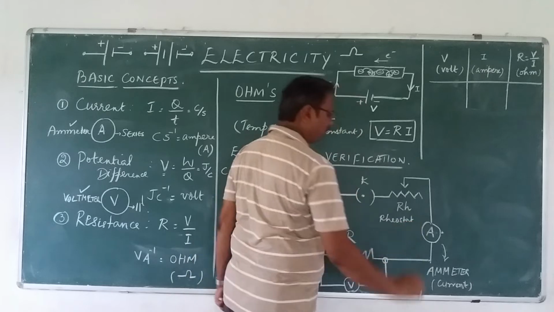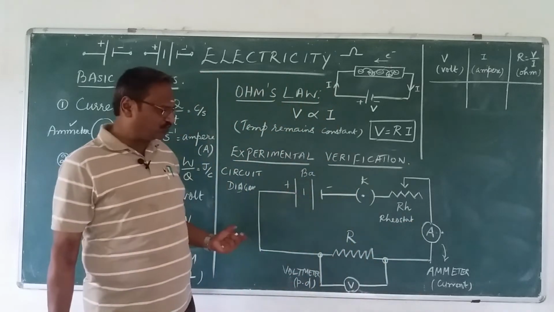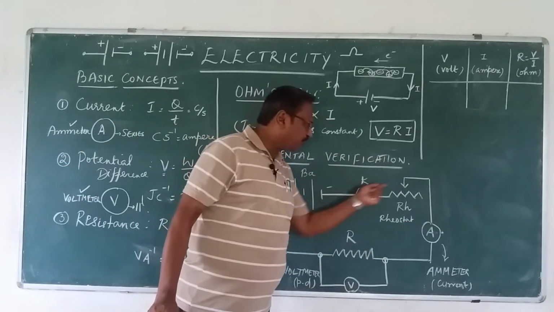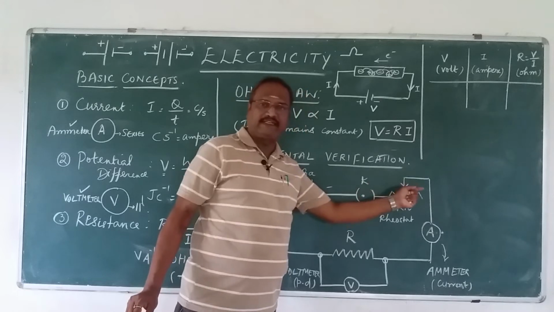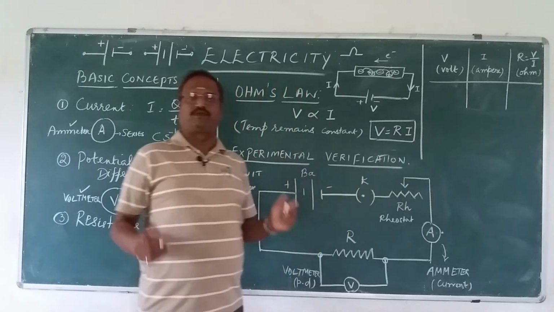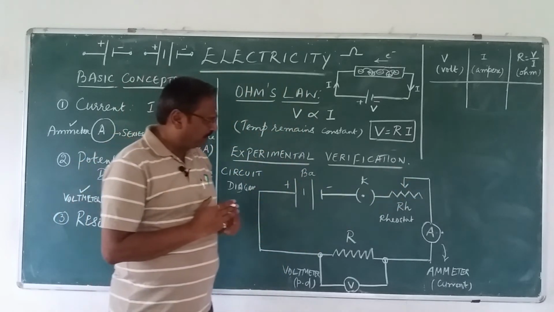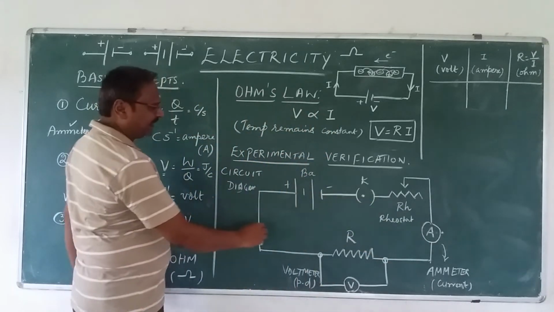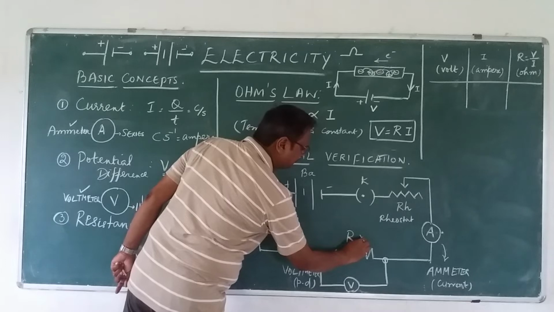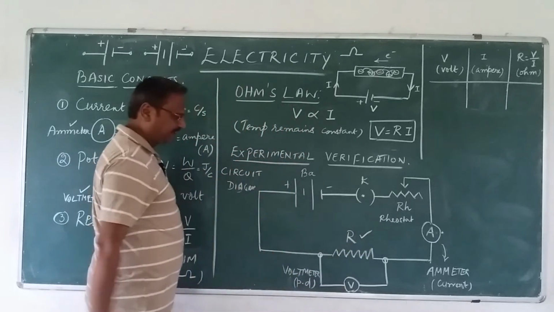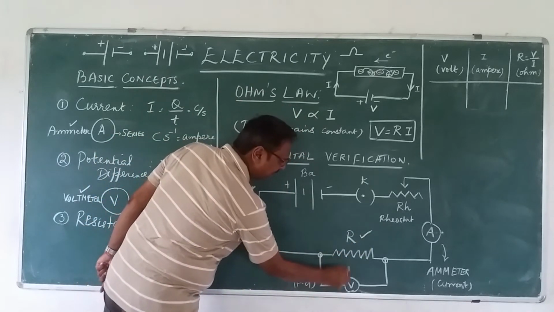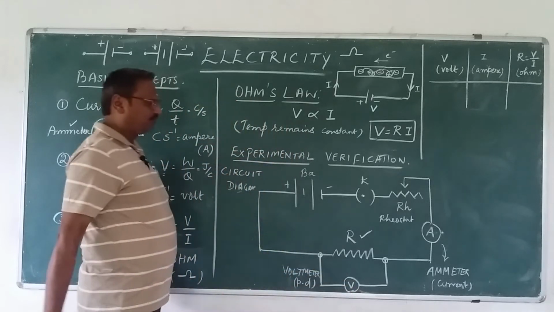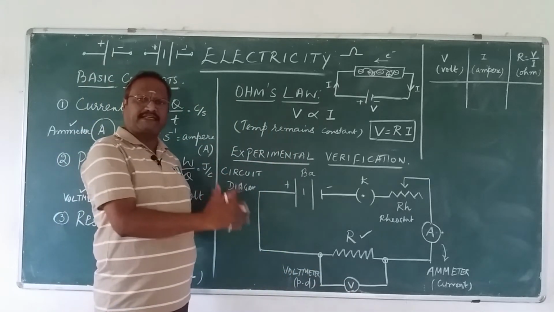There are two things you will come across: resistance box and rheostat. Rheostat can vary the value, whereas resistance box will give you a fixed value. Ammeter is connected in series, and the unknown resistance whose value we need to calculate is connected in parallel with the voltmeter. So this is the basic experimental setup.